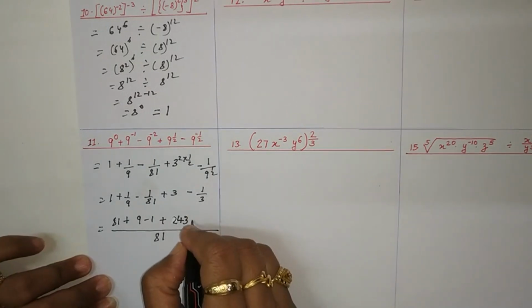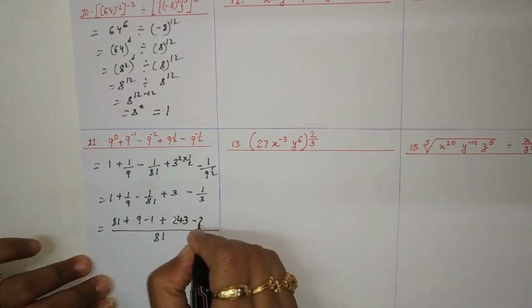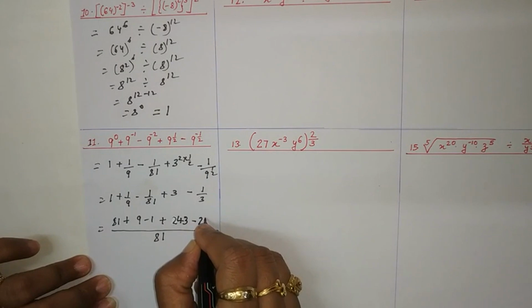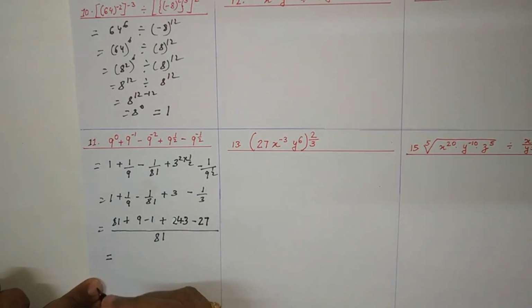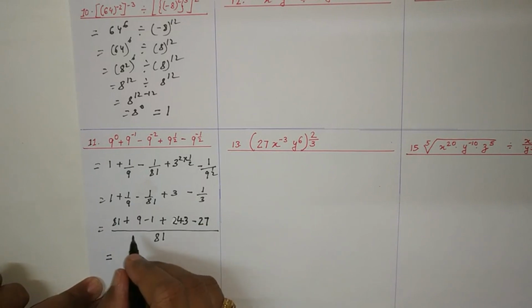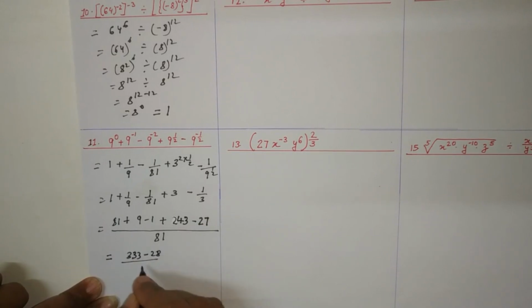So minus and 27. So that is equal to 333 minus 28 by 81 is equal to 305 by 81, which is exactly 3 and 62 by 81.